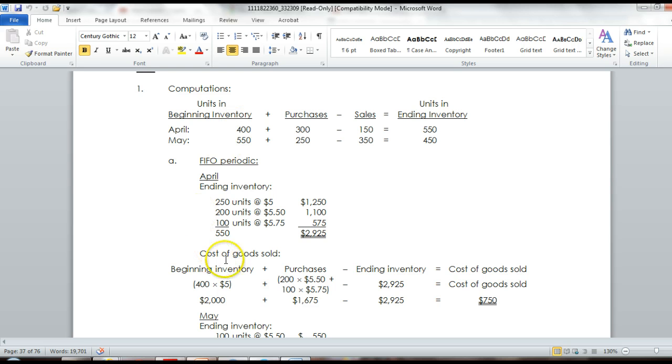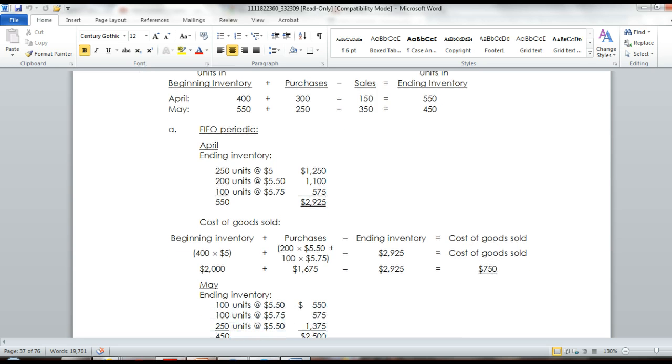So 150 times $5 an item gives us our $750 cost of goods sold. Now what they're doing here is showing our beginning inventory, 400 at $5 an item, plus our various purchases, minus our ending inventory of $2,925, which will give us our cost of goods sold. And another way I went about doing that is just knowing that 150 units were sold based on our beginning inventory cost of $5 a unit.